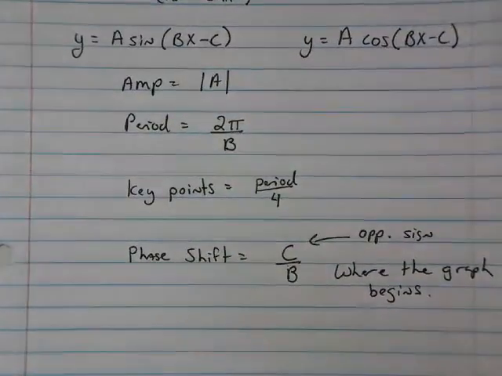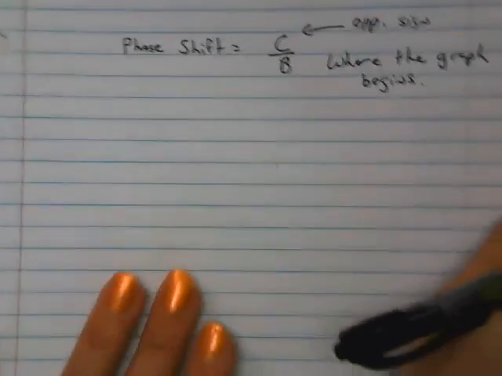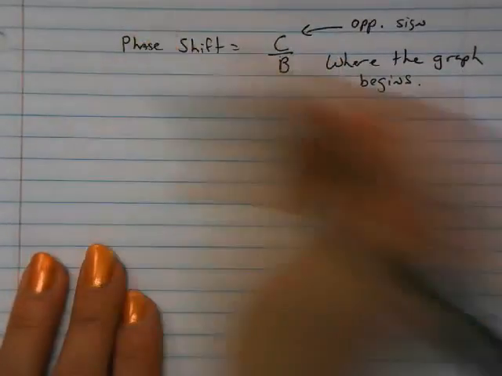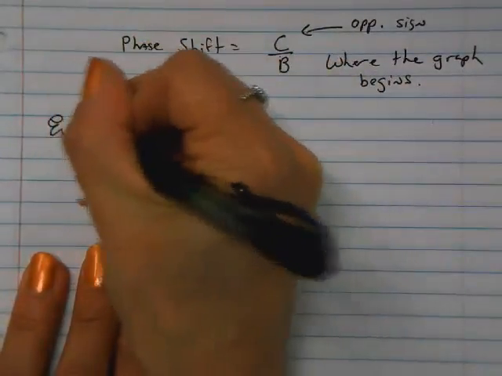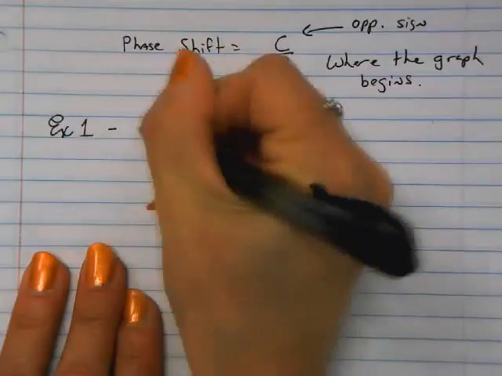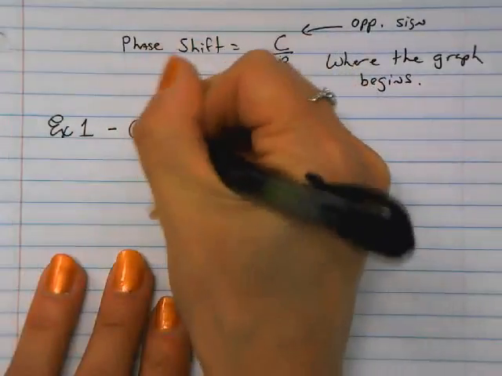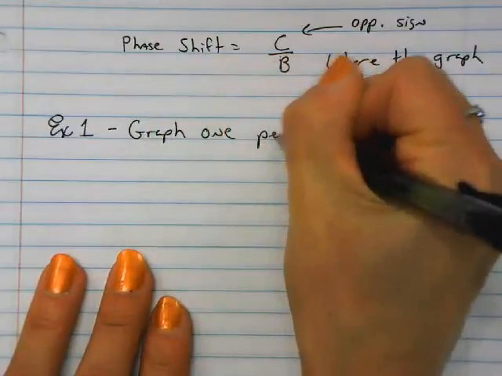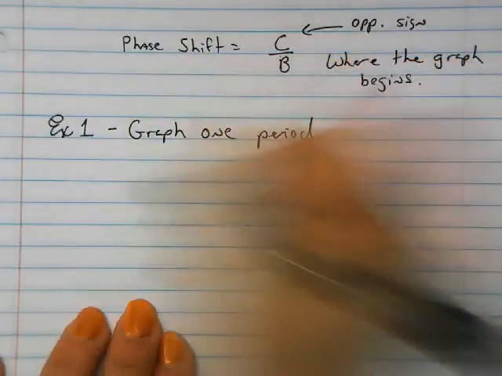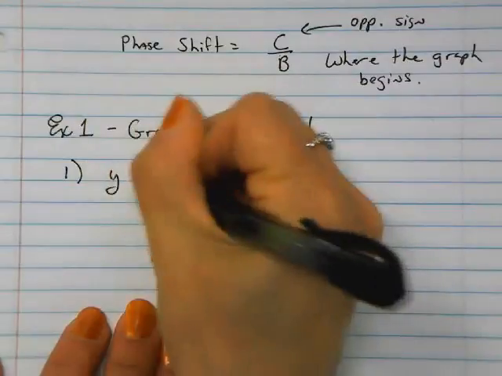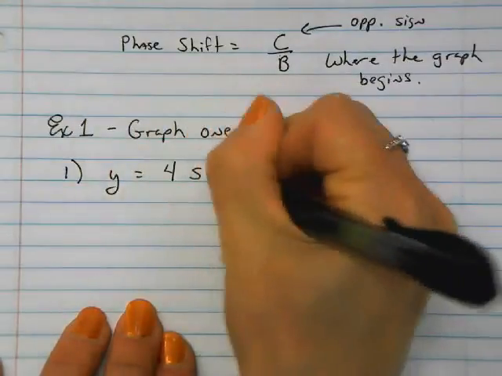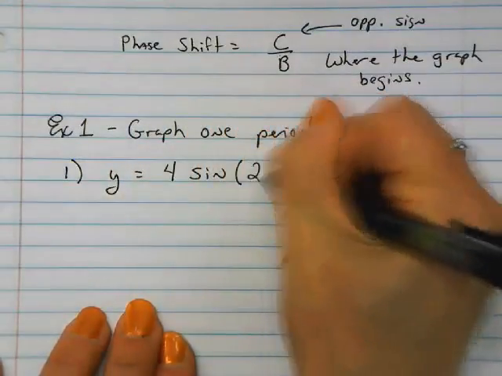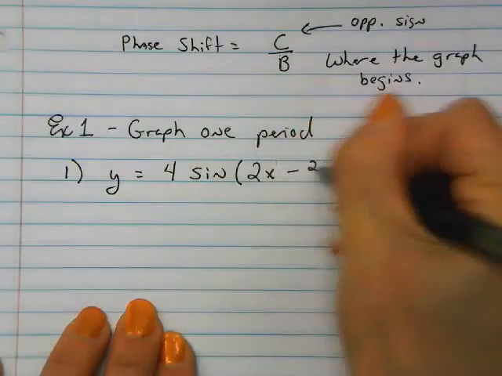So the first one I'm going to walk you through, and you're not going to enjoy it, but we're going to talk a little bit about how we can try to do this without so much work, because mathematicians are kind of lazy. Alright, so we're going to graph one period. My function is 4 sine parentheses 2x minus 2 pi over 3.